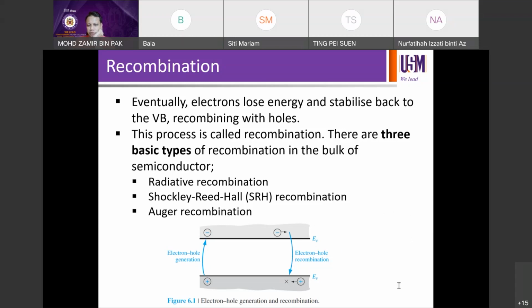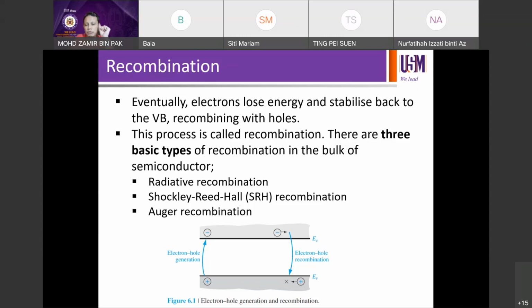You can just write it down later in the chat box. So generally it's good and bad, right? Depending on the specific use, if you like. It's good in the sense that you need radiative recombination for optoelectronic applications, just like what Bala and Pedron said.